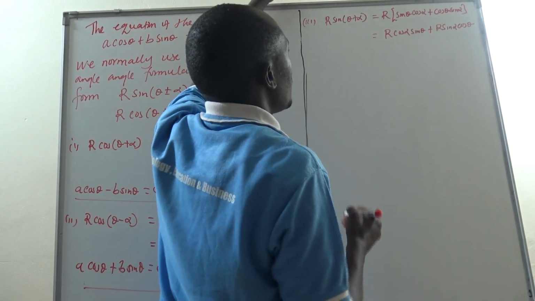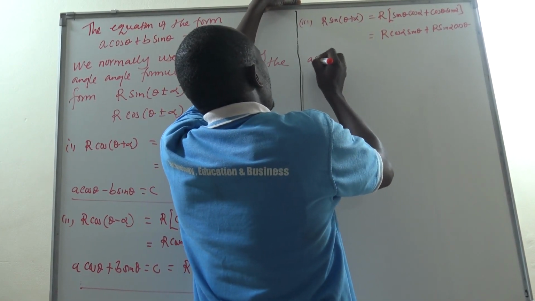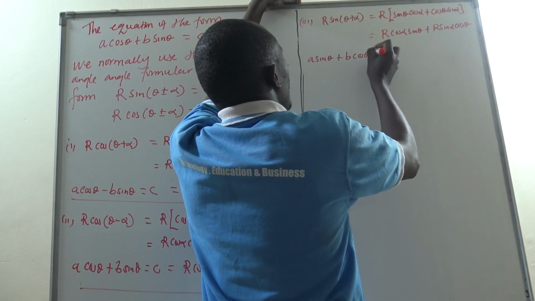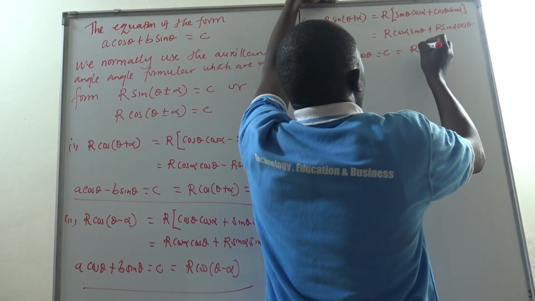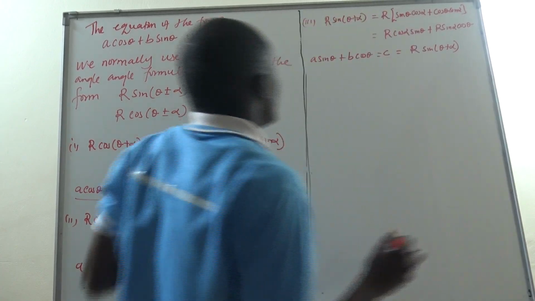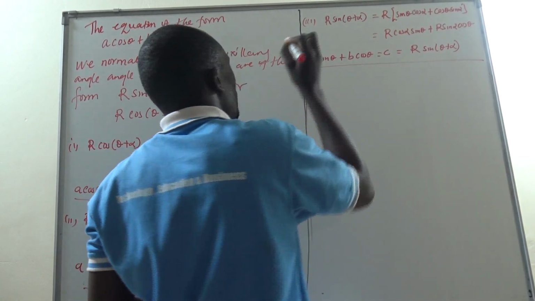So when you find that the equation is in the form a sin theta plus b cos theta equals c, automatically use r sin(theta plus alpha). That is another scenario.